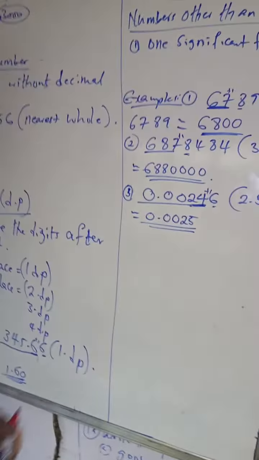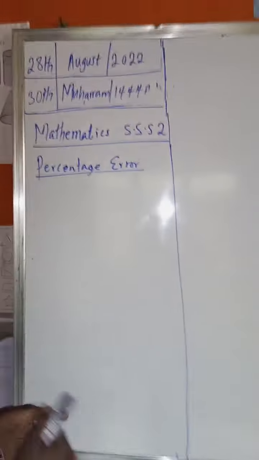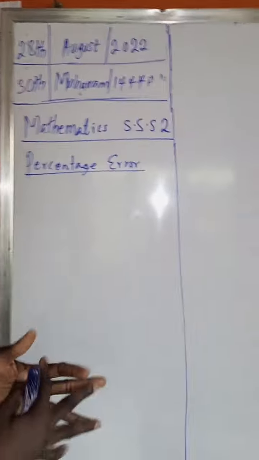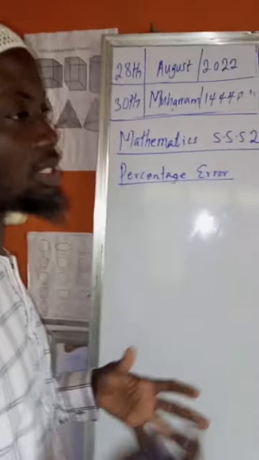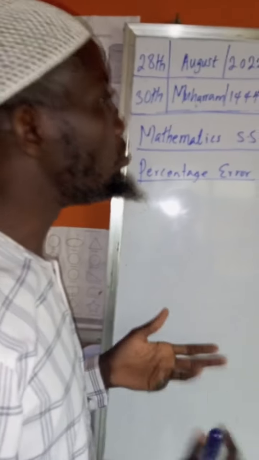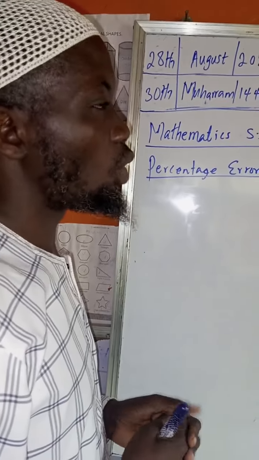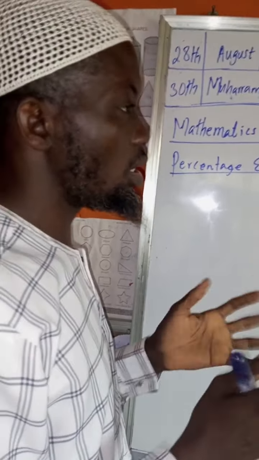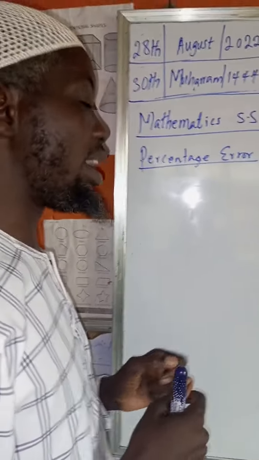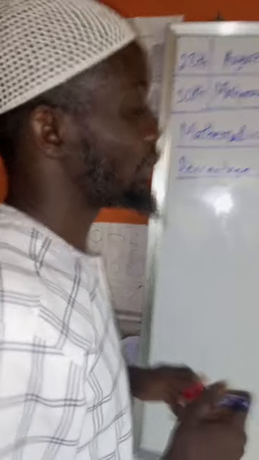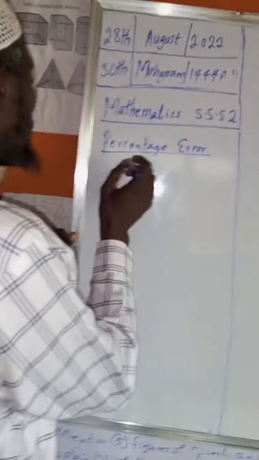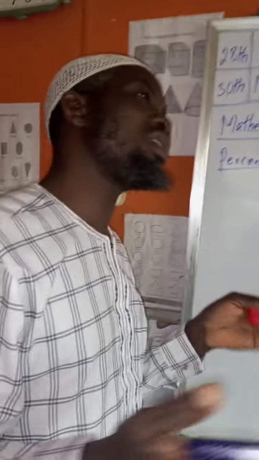Now we are moving to percentage error. I think they are both in one week. Percentage error is the difference in measurements, or change in measurement, as a result of error. So first, what is error?